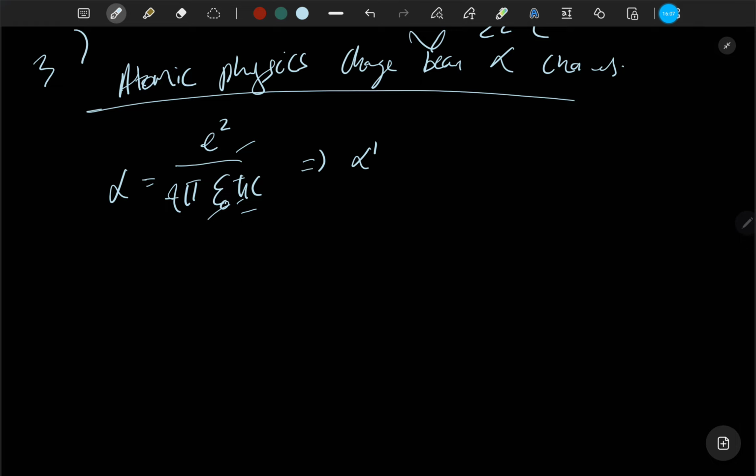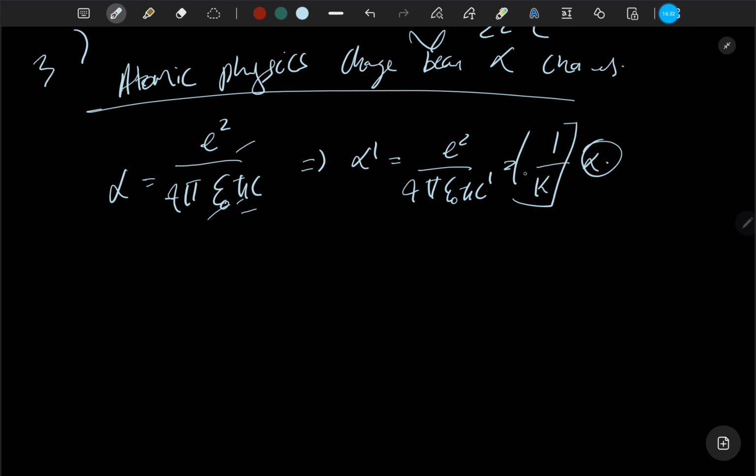Then alpha dash is basically e squared by 4 pi epsilon naught h bar c dash, which gives 1 by k. So the new alpha increases by 1 by k times, right?